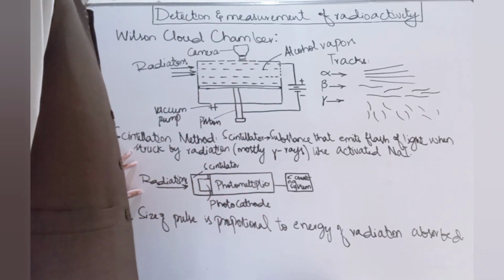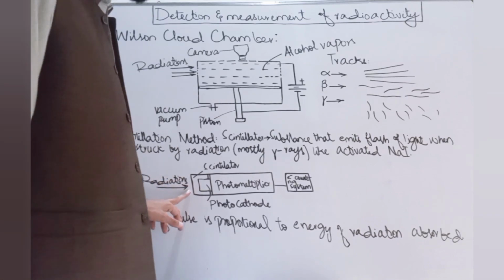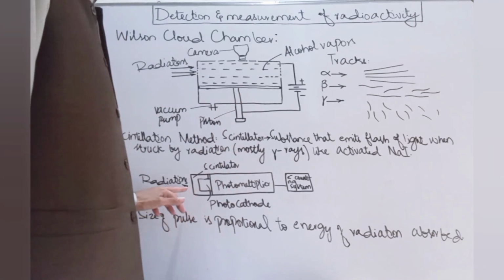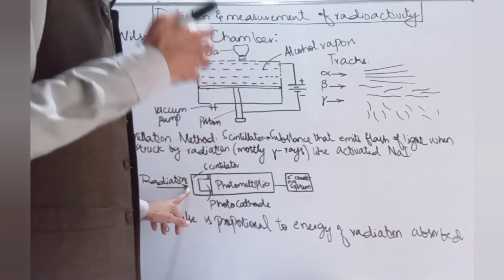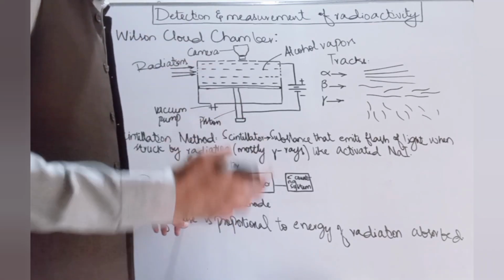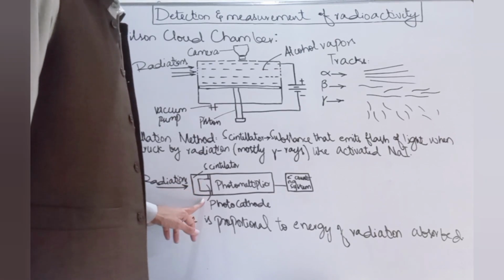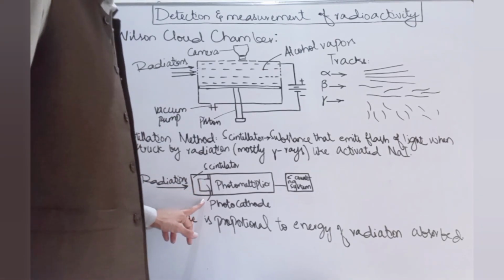So radiations are made to fall on the scintillator, just like the sodium iodide crystal. It would produce a flash of light when it is struck by the radiation, and this flash of light can excite and knock out an electron in the photocathode.